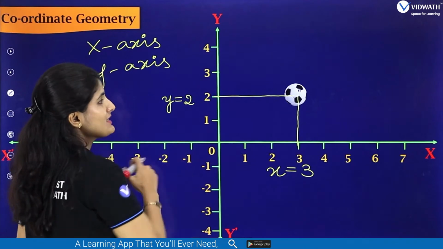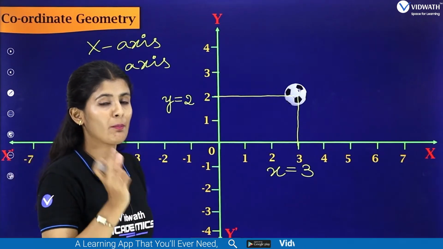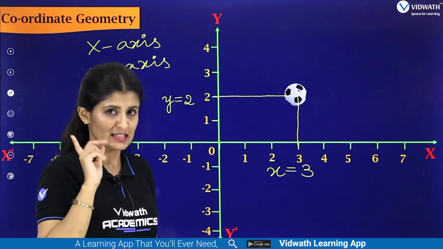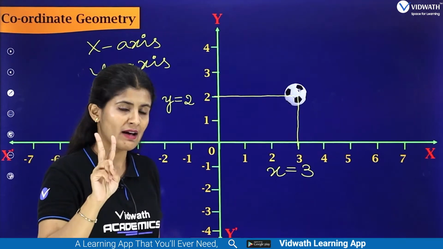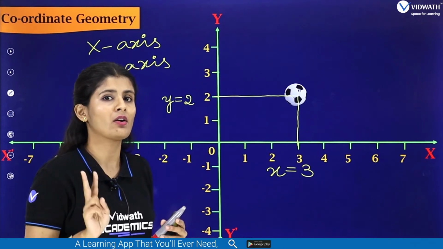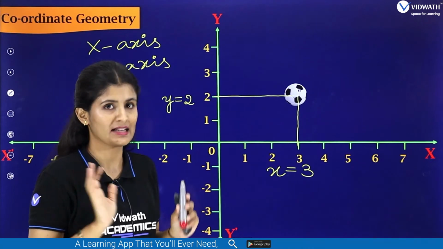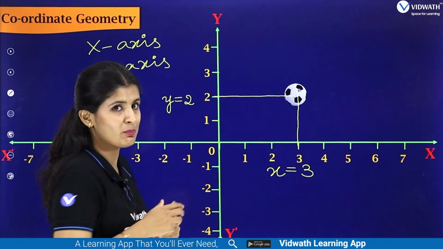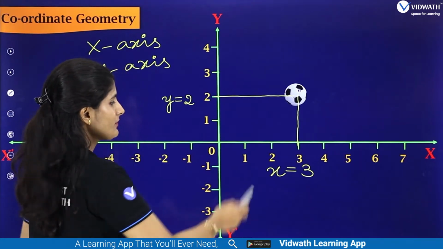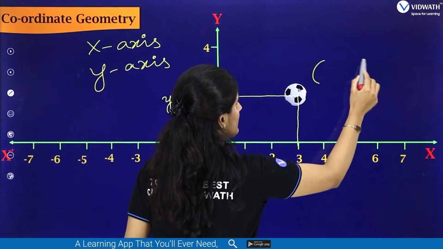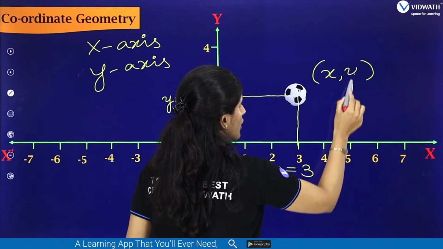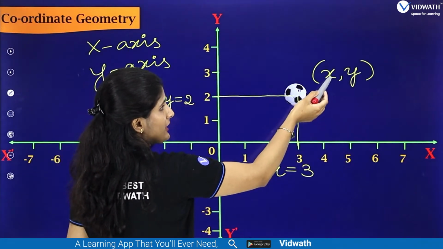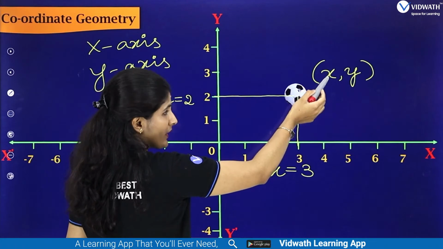Now these 2 points can be written as an ordered pair. Ordered pair means it is a pair consisting of 2 values that are in a particular order. We cannot interchange the order as we want. I'll tell you why we cannot interchange the order as I explain to you the rest of the concept. Here, the order that I take is of the form x, y. This value x is called the x coordinate.